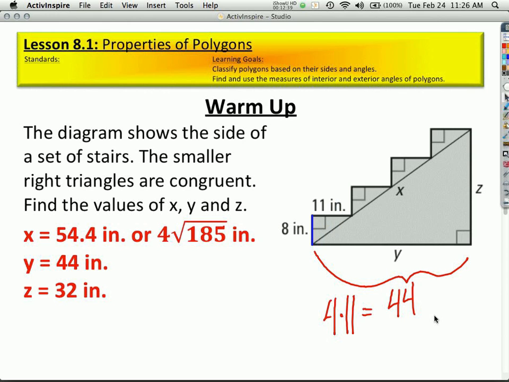I feel kind of silly myself. I actually figured it out using the steps, so I figured out why, but for some reason I didn't see it this way, and so I then used the Pythagorean theorem to find Z. Myself, I feel a little silly that I didn't realize that I could have just multiplied it by 4. But it doesn't really matter, we got the same result, okay?